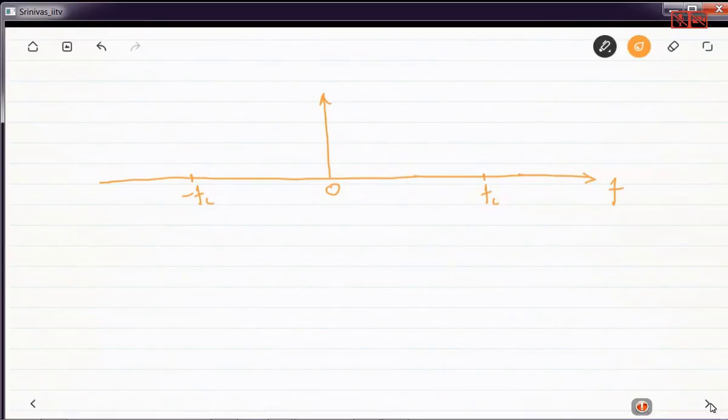Now we have Fc minus, so there is an impulse here. There is an impulse here. So this is Fc minus Fm. This is Fc plus Fm.